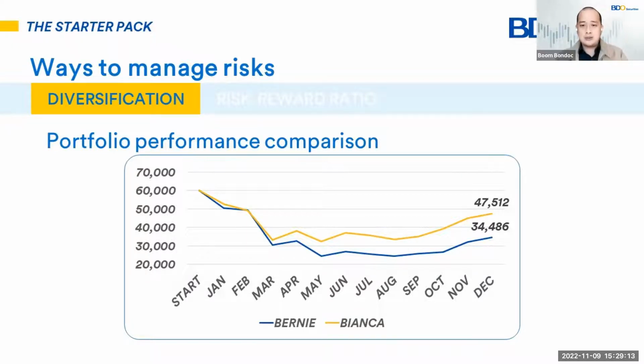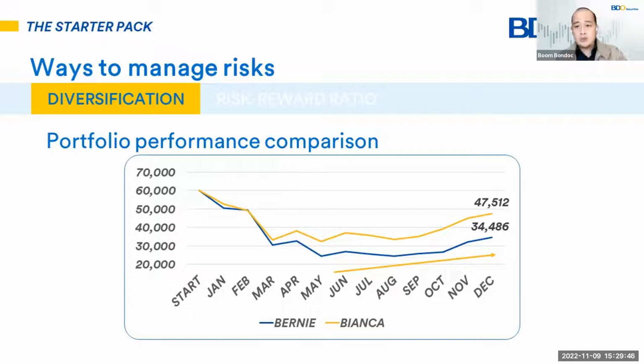To illustrate that, you see two investors in front of you, Bernie and Bianca. They both invested at the start of the year with 60,000 pesos. But because of the pandemic, something happened and market prices dropped. Even though prices dropped, and even though they invested the same amount, you see here that towards the end of the year, Bianca earned more than Bernie.